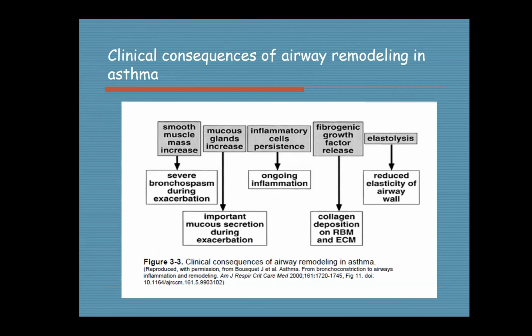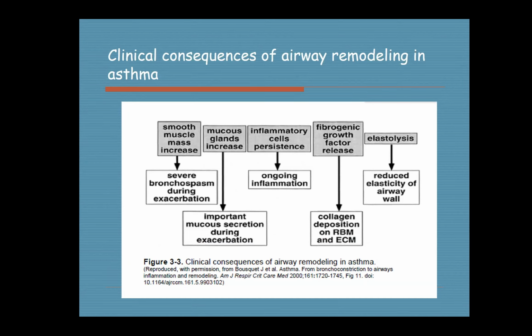So in the clinical consequences, if you've got smooth muscle mass increase, which you get with long-term asthma, the airway is full of muscle. So when you get bronchospasm and you have a thick muscle layer in your airway, you're really going to get severe bronchospasm.